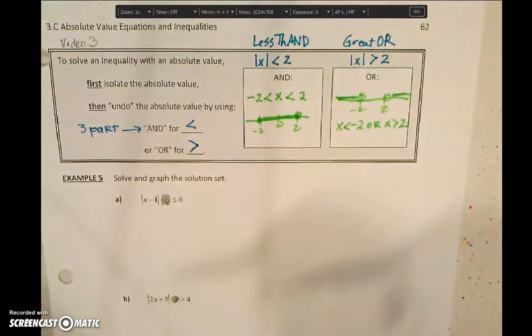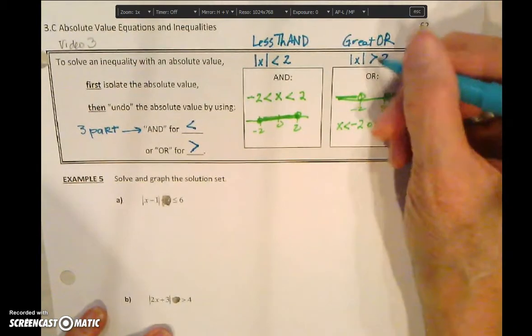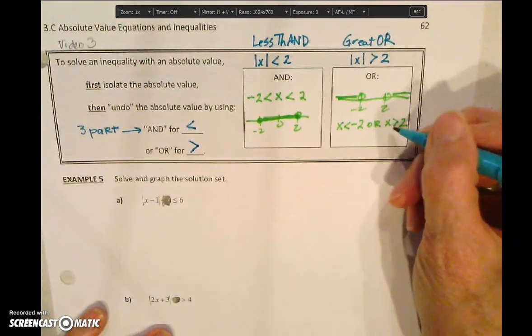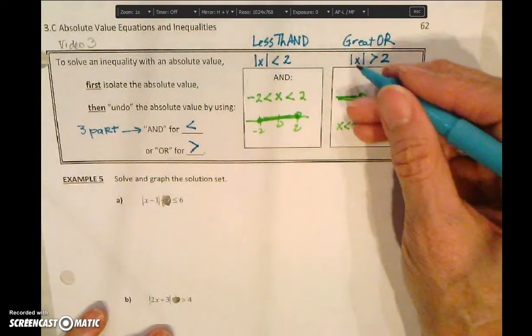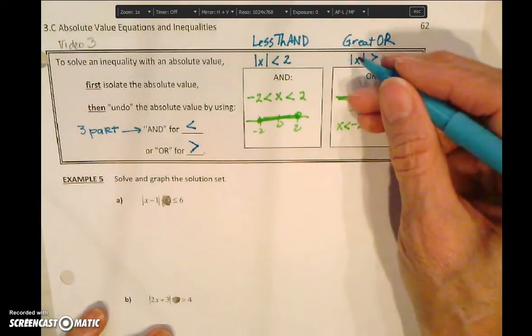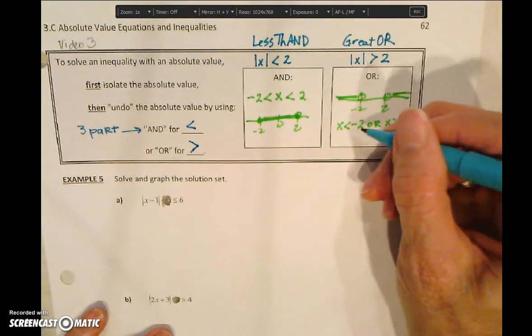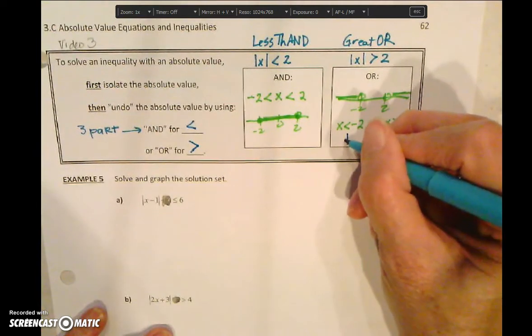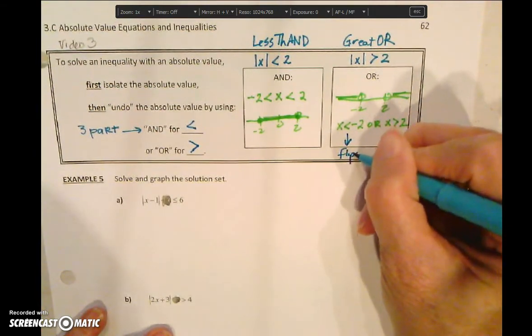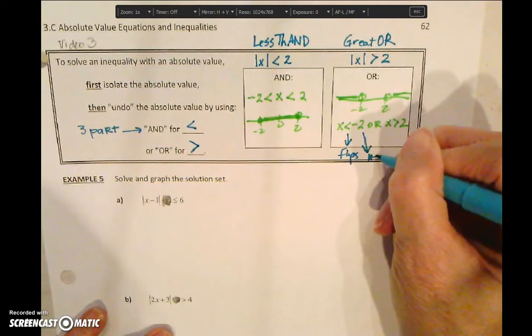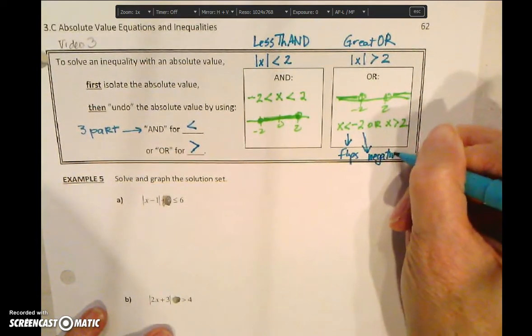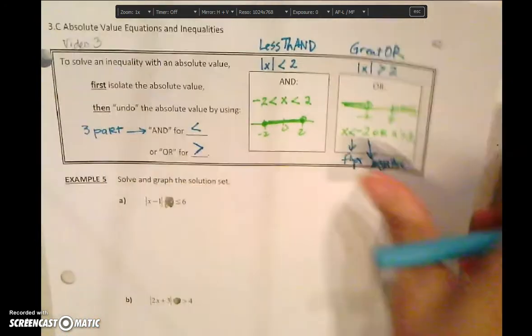And again, I'll just emphasize it again, that this and this look just alike, except this is missing the absolute value because I undid it. But on the other one, the inequality flips and the number changes to a negative. So two things happen.